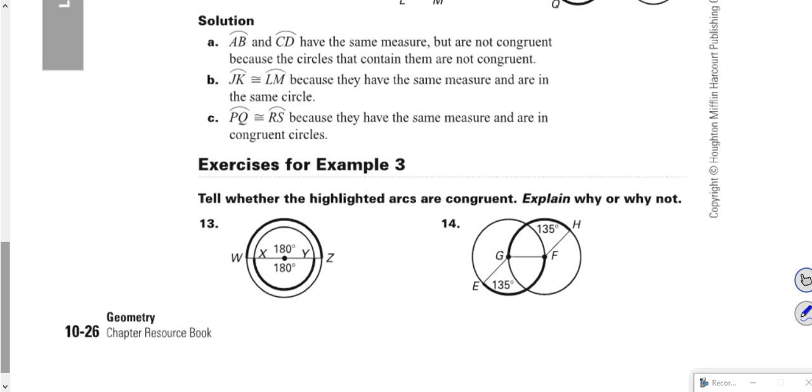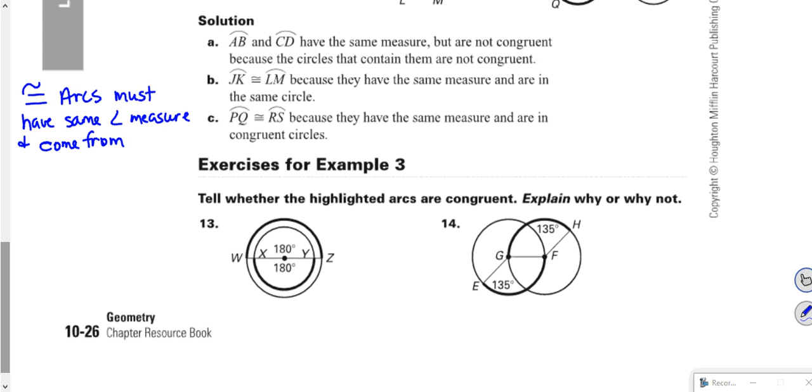Congruent arcs must have the same angle measure and come from the same or congruent circles. Okay, congruent arcs must have the same angle measure and come from the same or congruent circles.